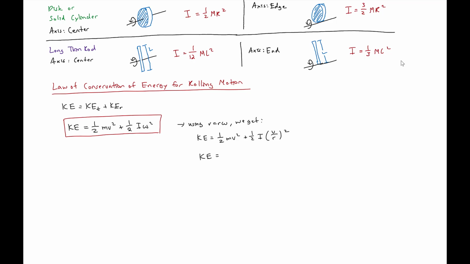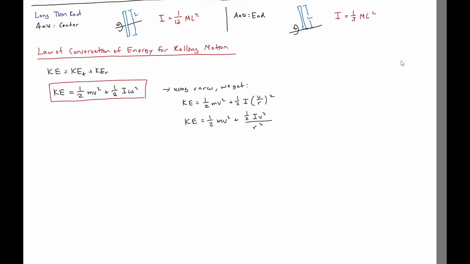We have KE is equal to 1/2 mv squared plus 1/2 I v squared over r squared. In other words, we can rewrite the total kinetic energy. We can factor out the 1/2 v squared and get (m plus I over r squared). This is just an alternate way of representing the total kinetic energy for rolling motion.